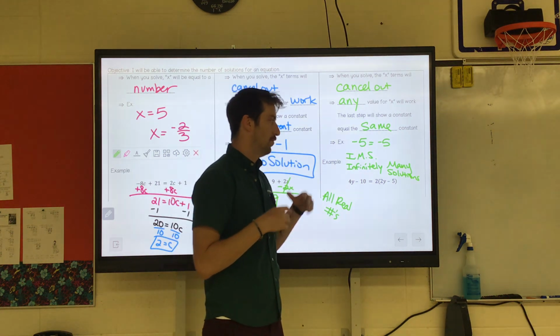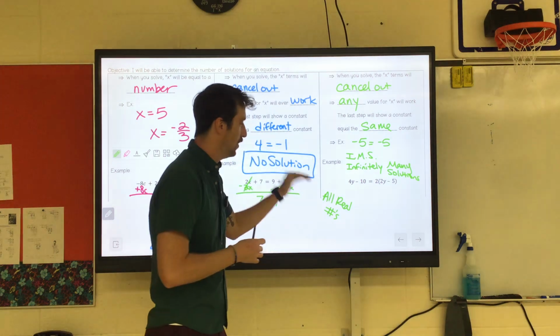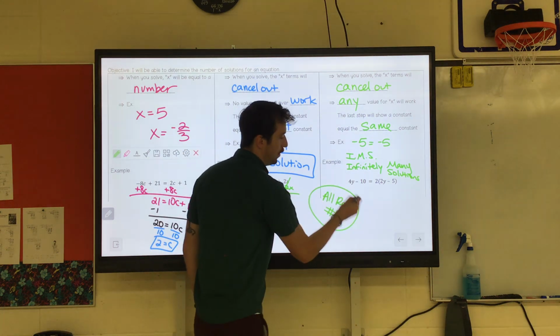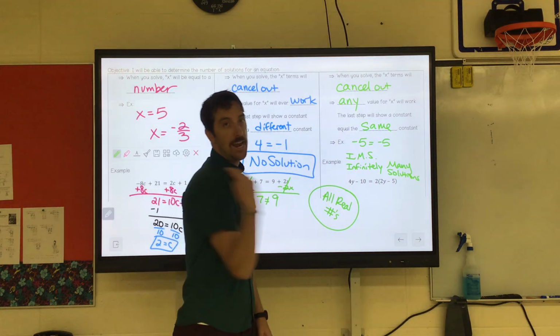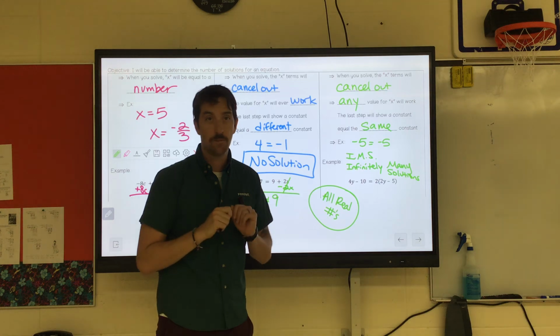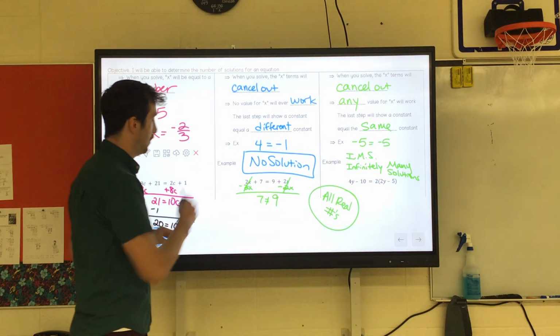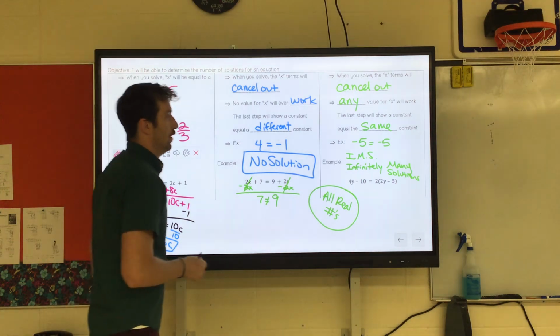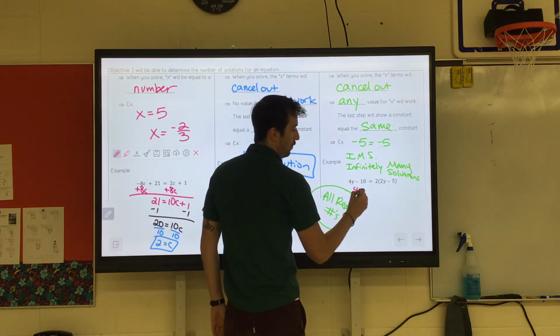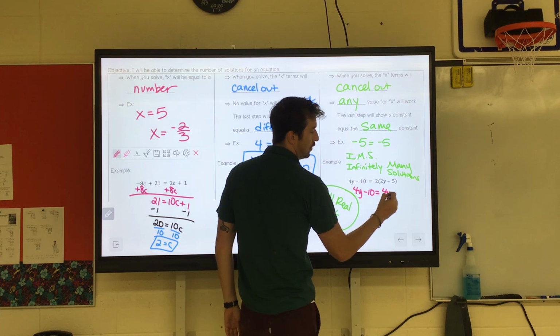Later when we get to systems of equations, we're going to say IMS. But for now, let's say all real numbers, meaning you could put in any number for x and it works. You could put in 50, it works. You could put in negative 2.186 and it works. So let's look at this example here. 4y minus 10 equals, if we distribute, this would be 4y minus 10.